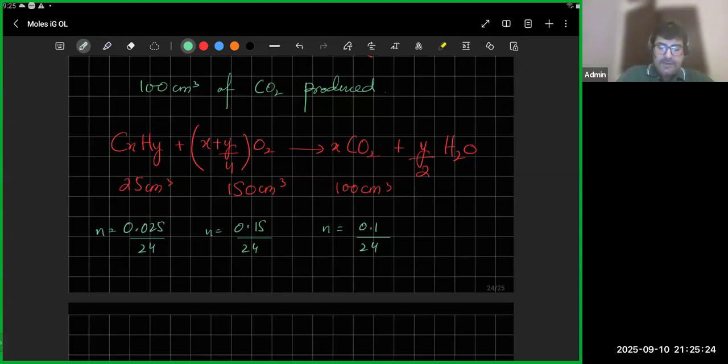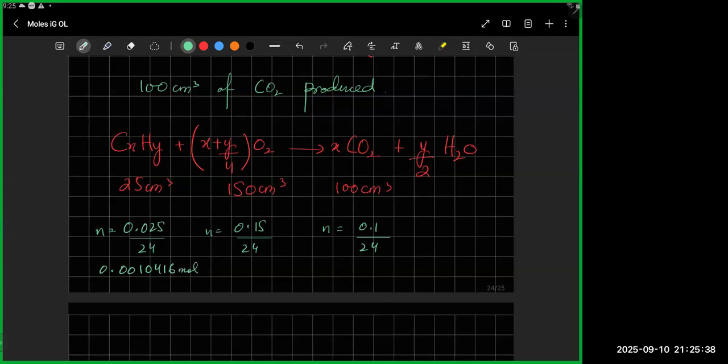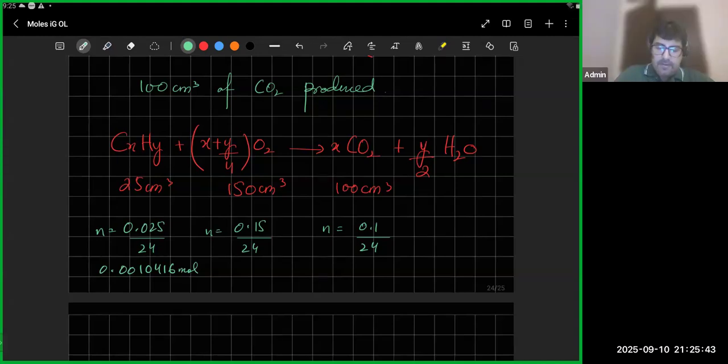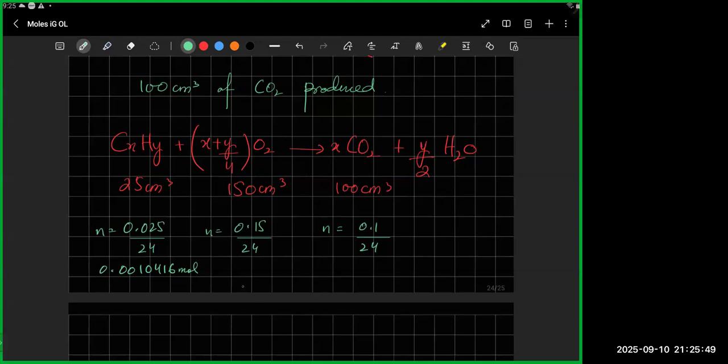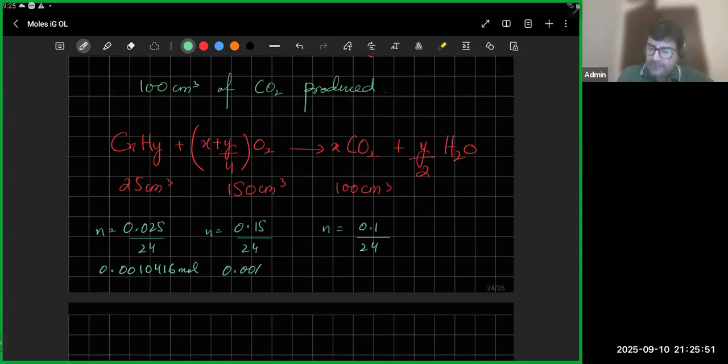So it's 0.025 divided by 24. That gives me 0.00104116 moles. Sir, 1.0416 times 10 minus 3 is coming. Okay, fine. The next one, 0.15 divided by 24, and that's 0.00625.